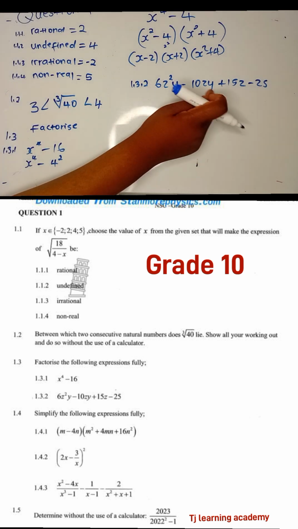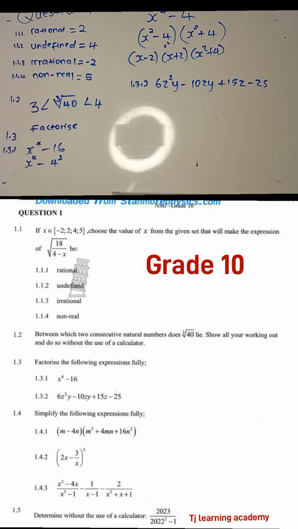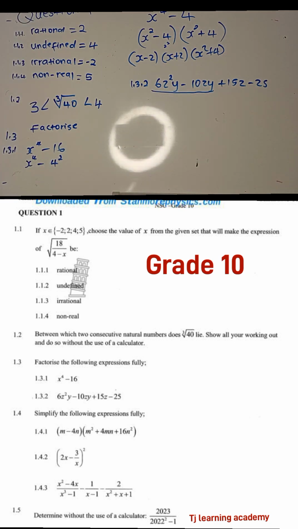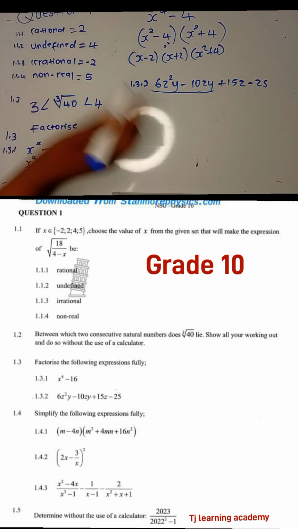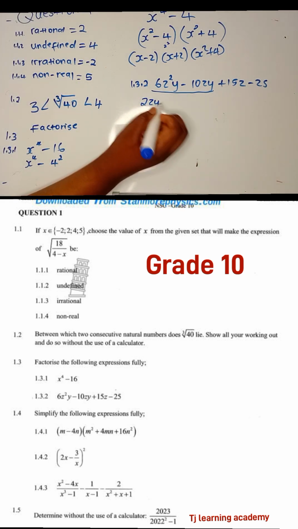We're going to start with the first two terms. What's the common factor here? Any number that goes into 6z squared y and 10zy while leaving no remainder, it's going to be 2zy.